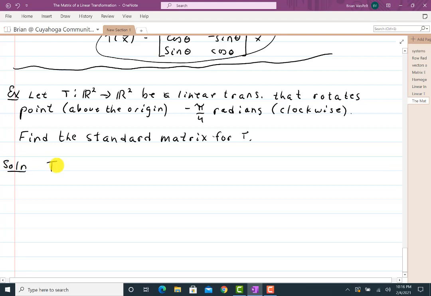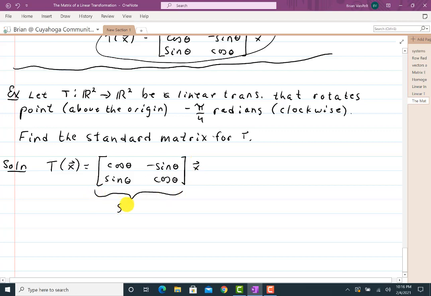T of x equals cosine theta, sine theta, negative sine theta, cosine theta, times x. So this guy right here is our standard matrix.